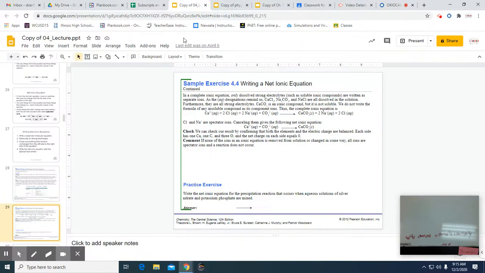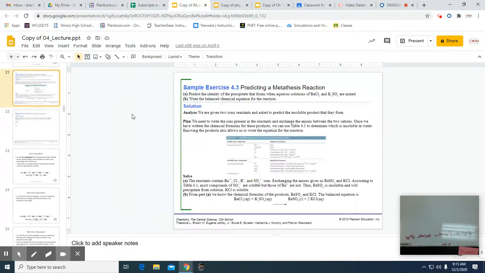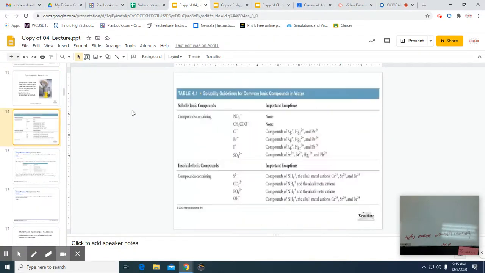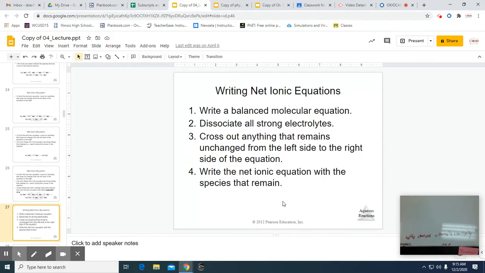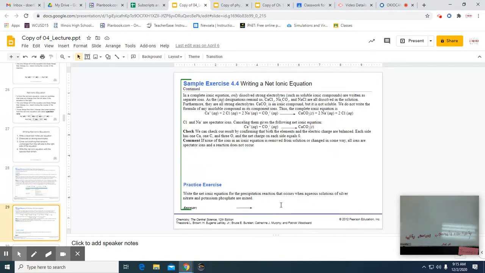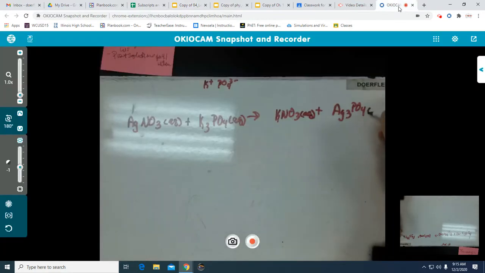But just to double check, let's use our solubility guidelines. Phosphate is typically insoluble unless it's bonded with ammonium or alkali metals, which silver is not any of those. And so that means this is our solid.